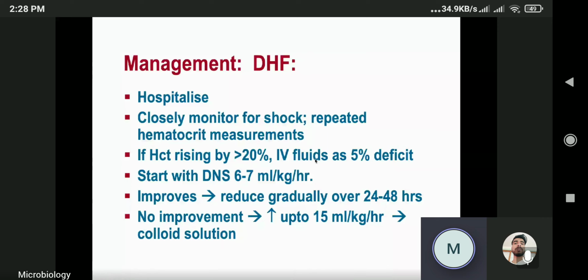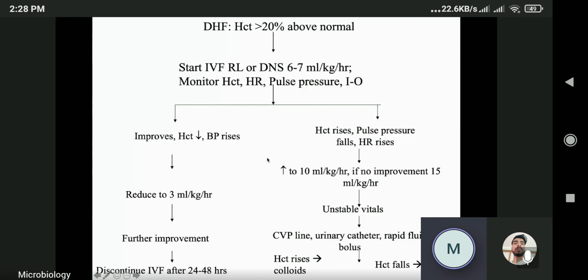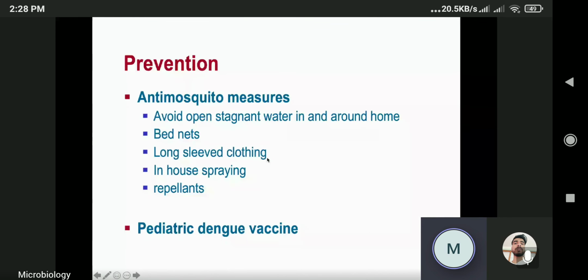And now prevention. See, prevention, that is the vaccine. Dengue vaccines are available, such as Dengvaxia, which was approved by the US FDA in 2019, I think.